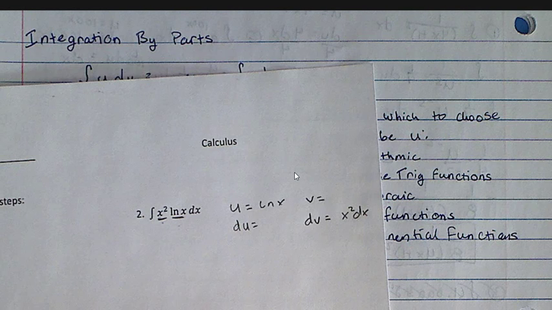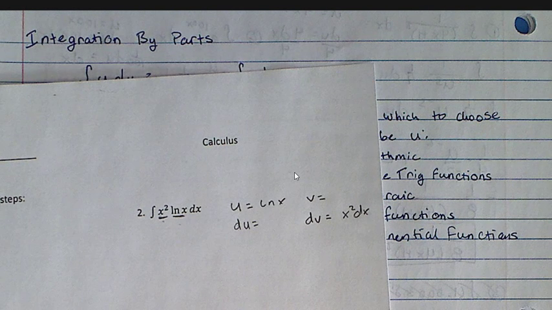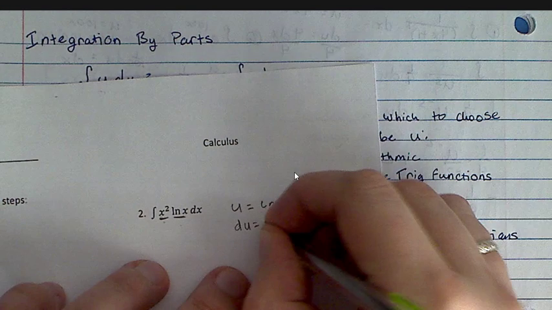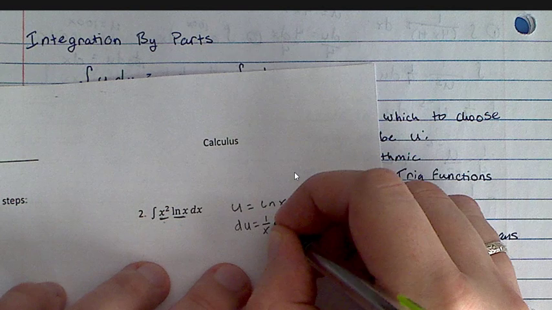All right, so let's fill in the rest of this little box that we have to decide. If u is ln x, then what's the derivative of the natural log? 1 over x dx, right? Yep.